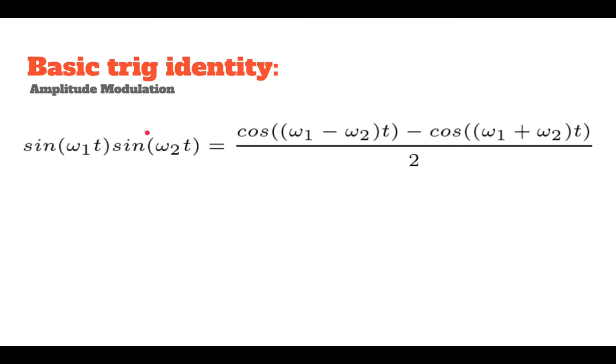When you have these two trig functions multiplying one another, this is actually the result. And why is this amplitude modulation? I think you can think about the fact that we would often have a single trig term here, sine of omega 2, let's say, and there'd be some scalar coefficient out front, a sub 2 times sine omega 2.